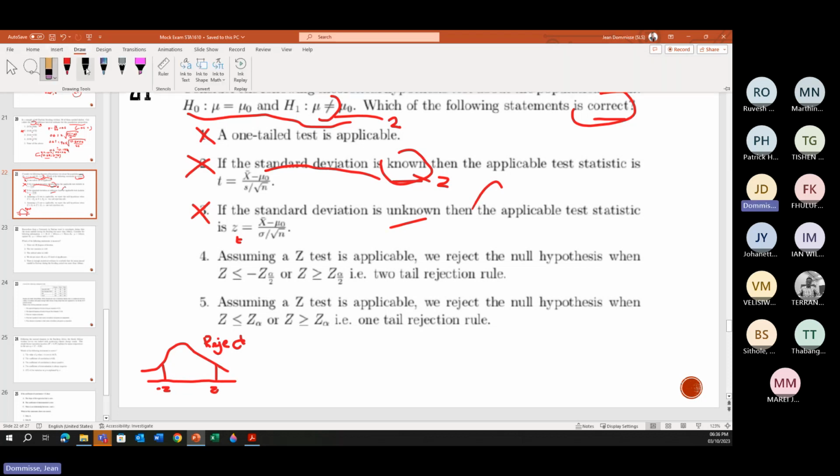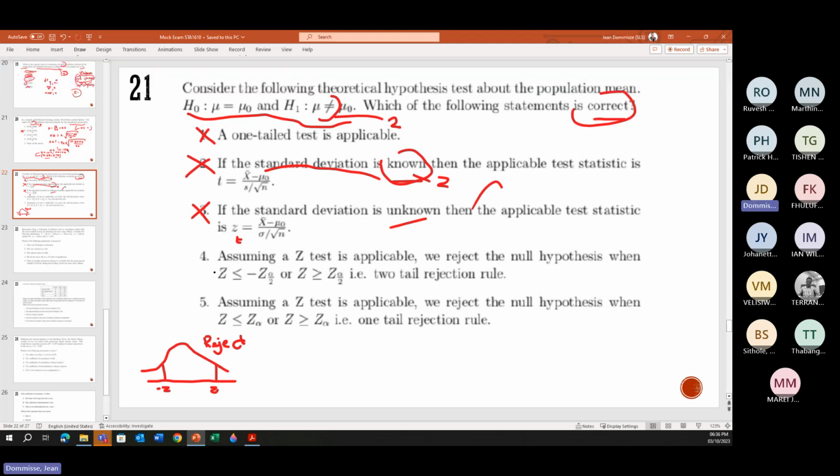So that should also be negative Z. I would nearly already have said that is incorrect, but negative Z is smaller or equal to, so here the critical value is sitting on the inside, and here the critical value is sitting on the inside.